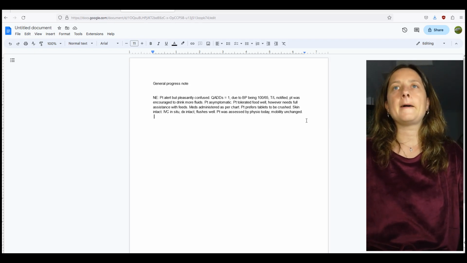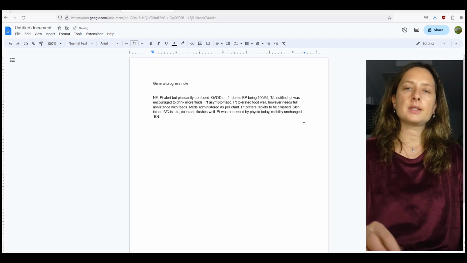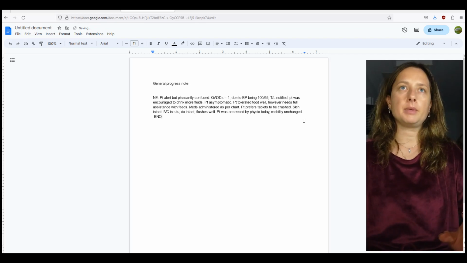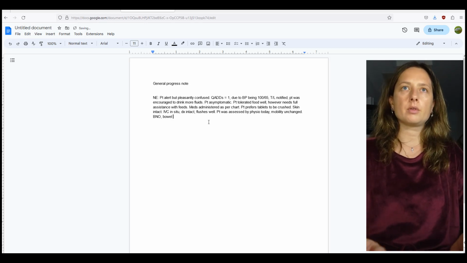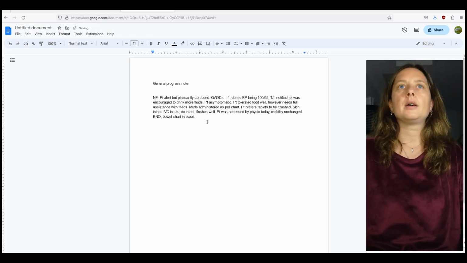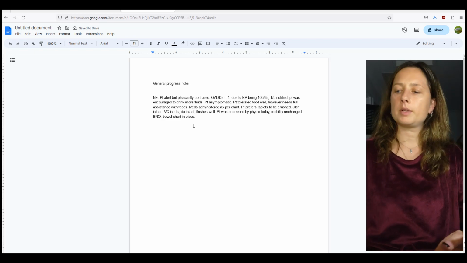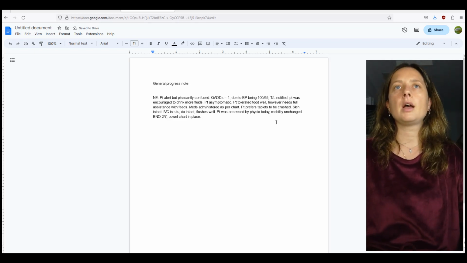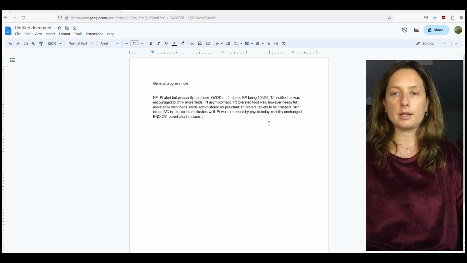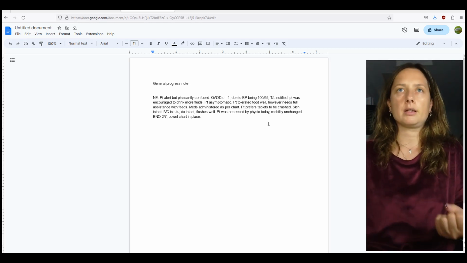Then you can say bowels not open, which is BNO in abbreviated form. Bowels not open, bowel chart in place. You can say bowels not open, let's say 2 out of 7, 2 days out of 7. Bowel chart in place. If someone has a pressure injury, let's say, this is very common, especially for people who are elderly.